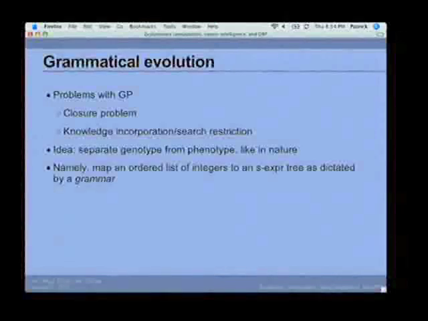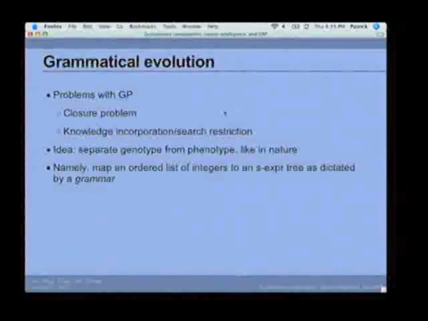So what you do with grammatical evolution is, it's like genetic algorithms in that what you perform the search on is a list of integers. Then this is mapped to create a tree-like structure using a particular algorithm that I'll explain. But you dictate how that is, and so you can precisely control the kind of things that are developed.